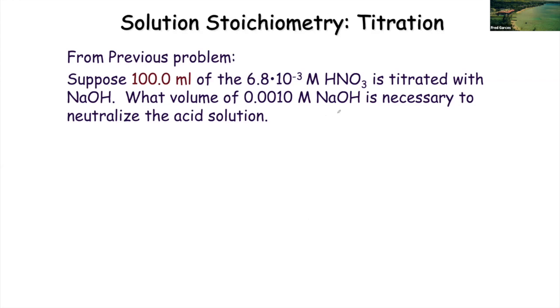Remember that sodium hydroxide is monobasic. If I gave you calcium hydroxide, then you've got to realize that the balanced equation is 2 acids for every 1 calcium hydroxide. That's the balanced equation.